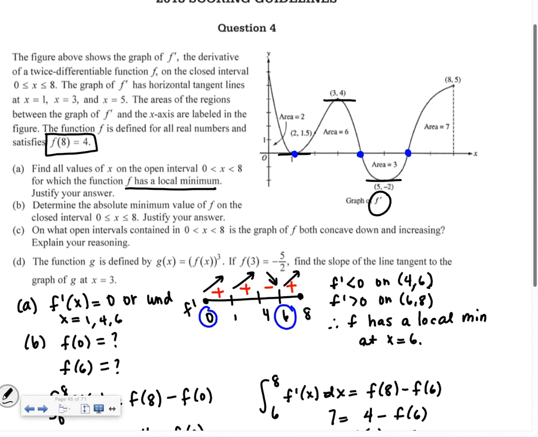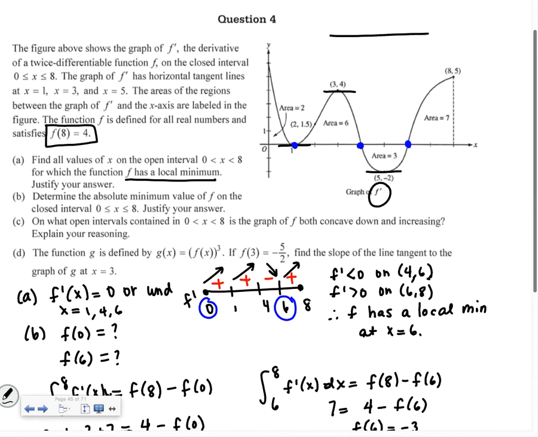Now if I talk about f double prime though, let me do the chart up here. f double prime is the slope of f prime. So we have the graph of f prime. The slope of it is negative, and then it's positive, and then it's negative, and then it's positive. Okay, so we need to know where those points are that are important.